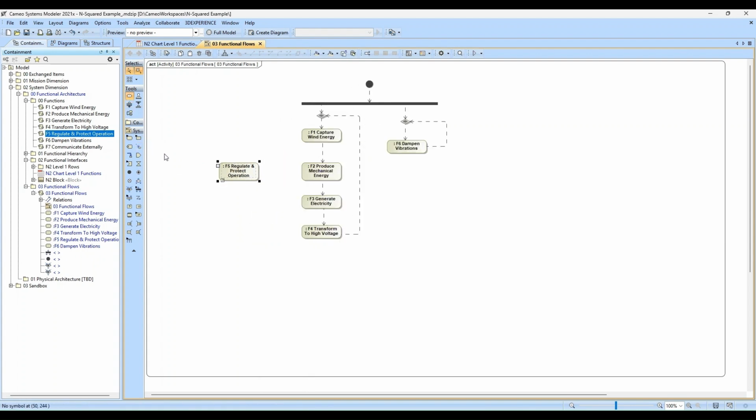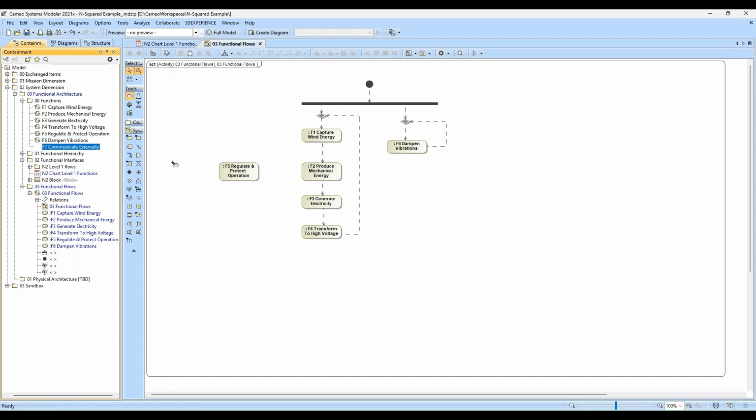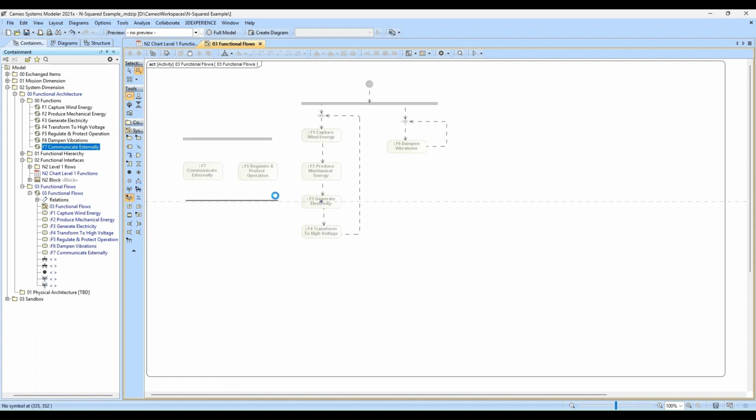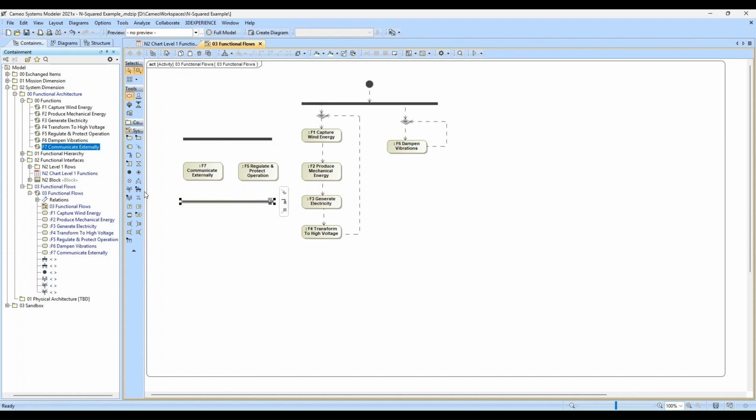And there was an additional flow related to the communication with external users, that is the one related with function 7. And these two functions are running in parallel. So we just put them in parallel, and they are the functions that will control in the end the behavior of the system.